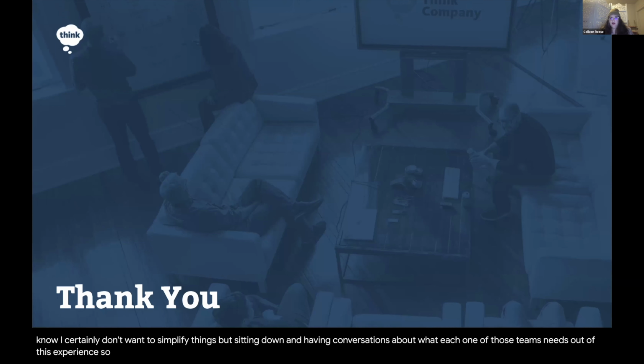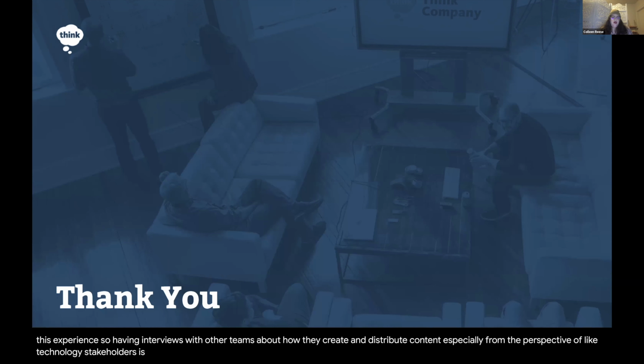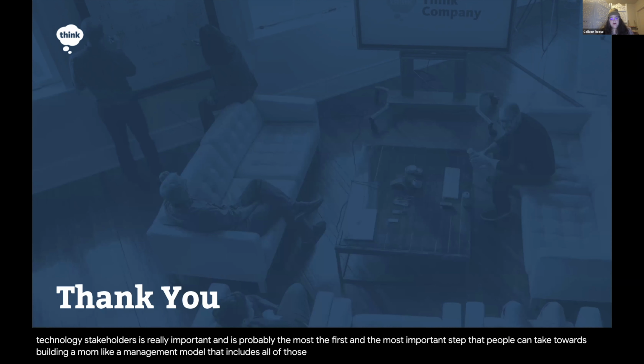So having interviews with other teams about how they create and distribute content, especially from the perspective of technology stakeholders, is really important, and is probably the first and the most important step that people can take towards building a management model that includes all of those teams.